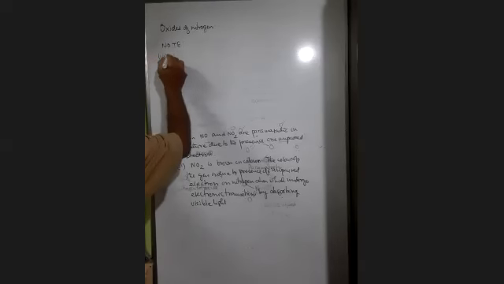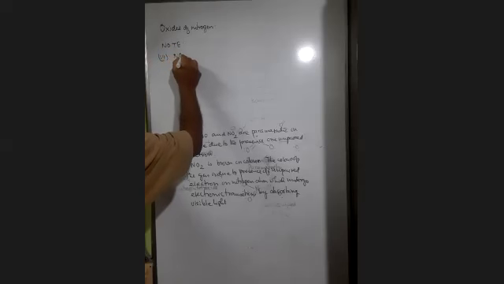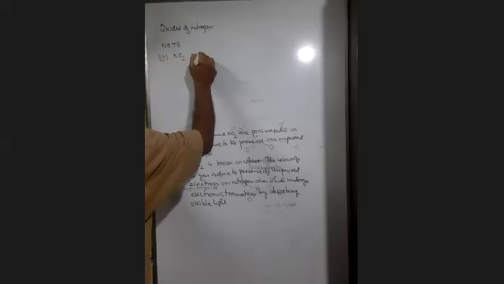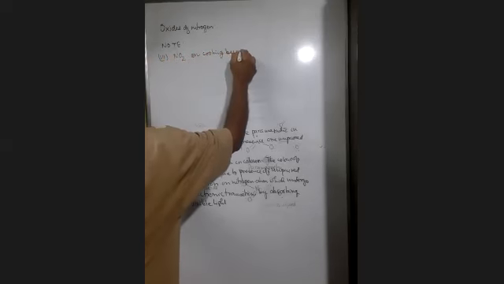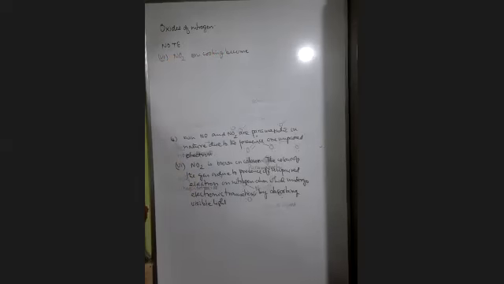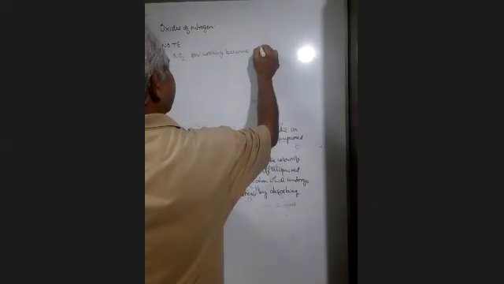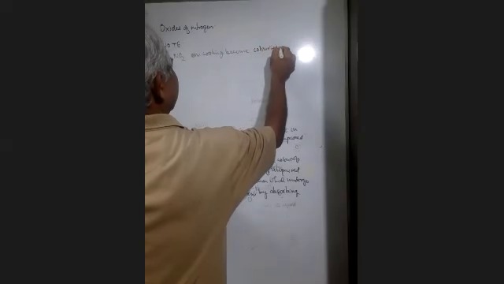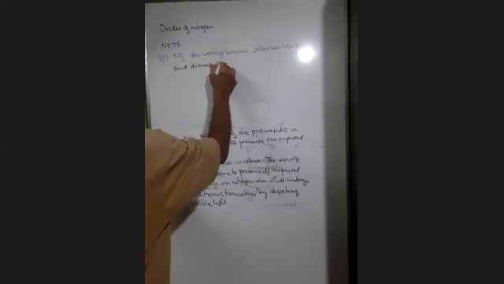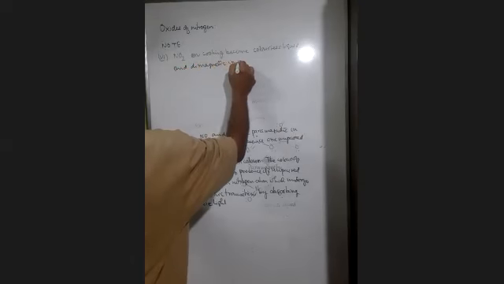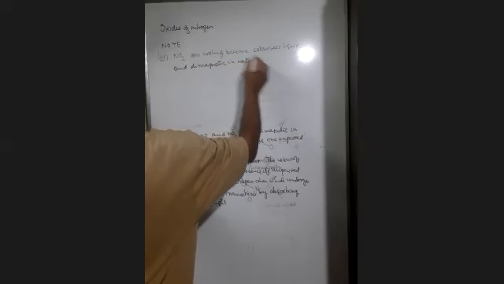Seven. Nitrogen dioxide on cooling becomes a colorless liquid and diamagnetic in nature. Why is it like this? Let us see.